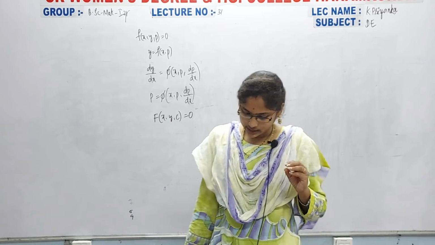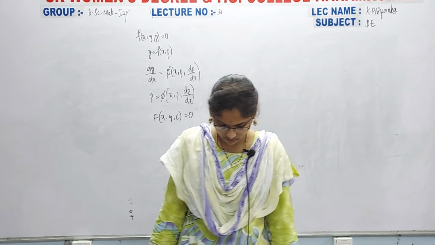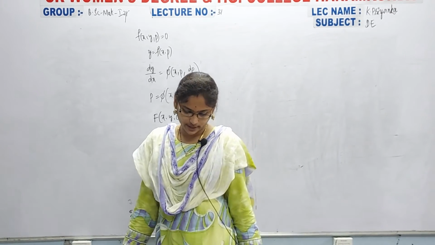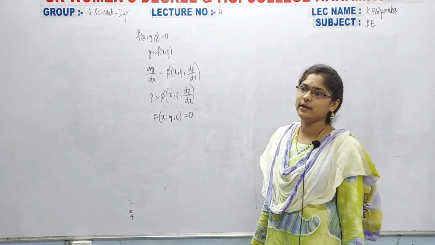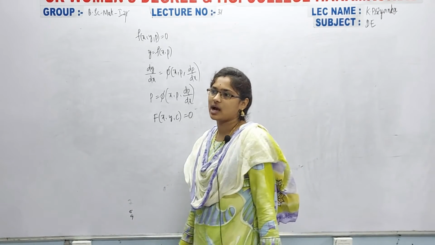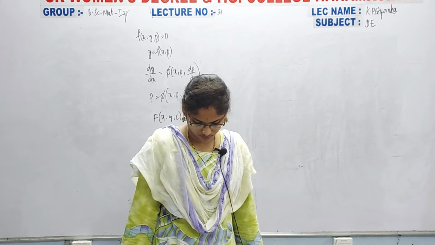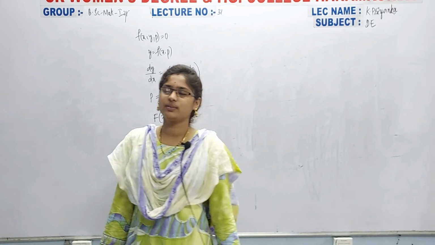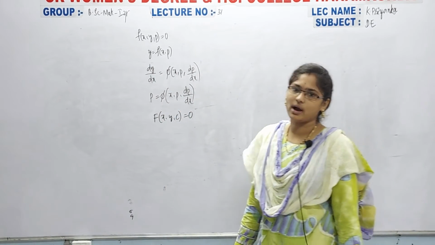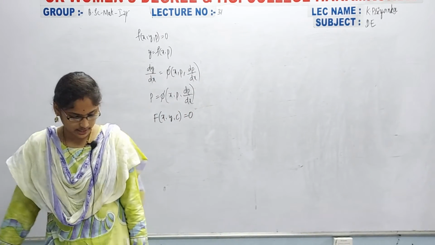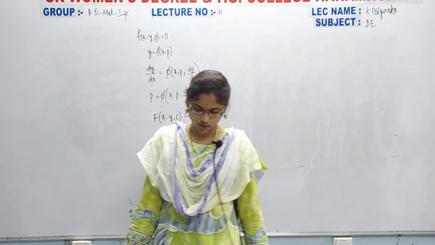Now write down, lastly, the elimination of p between y equal to f of x comma p and f of x comma y comma c equal to 0 gives a relation between x, y and c, which is our required solution.